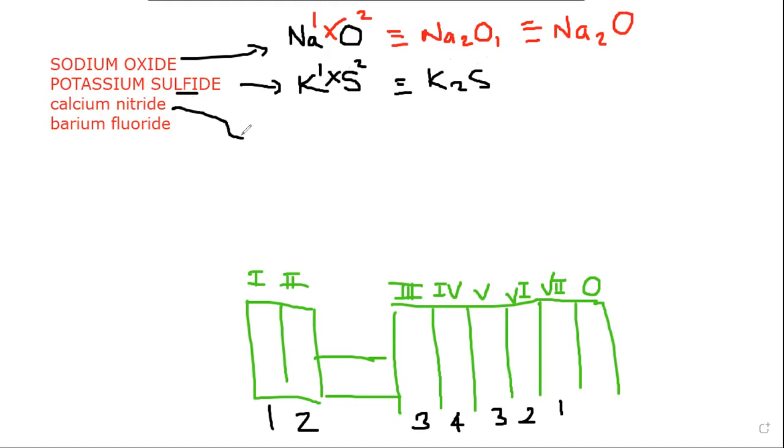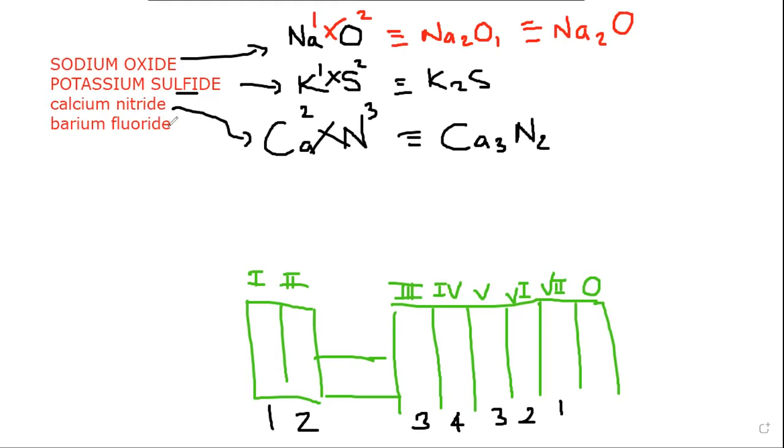What about calcium nitride? You have calcium. Nitride is coming from nitrogen. The valence number of calcium is 2. The valence number of nitrogen is 3. When you interchange, this gives you Ca3N2, with capital N for nitrogen.